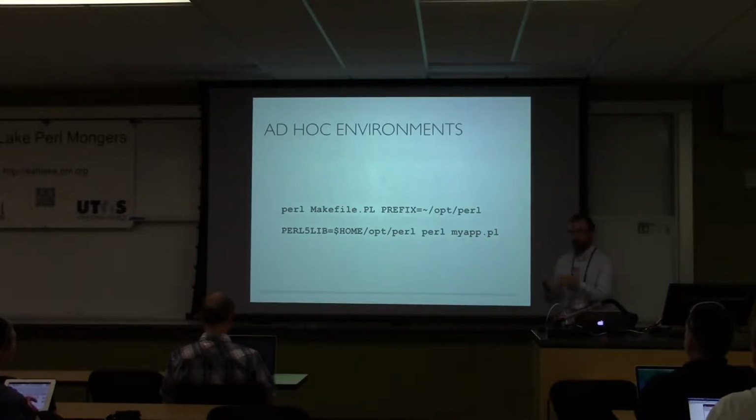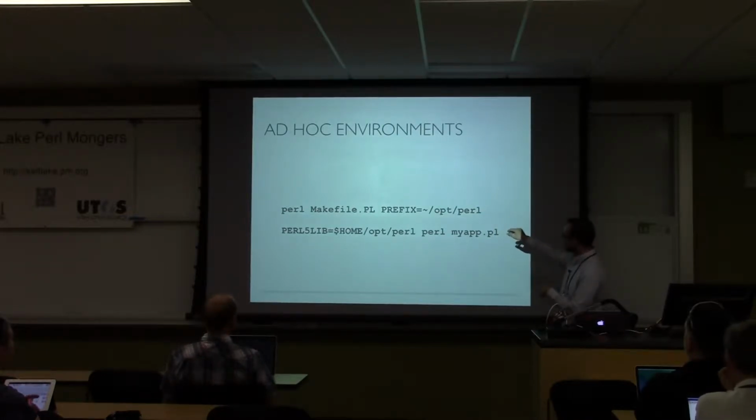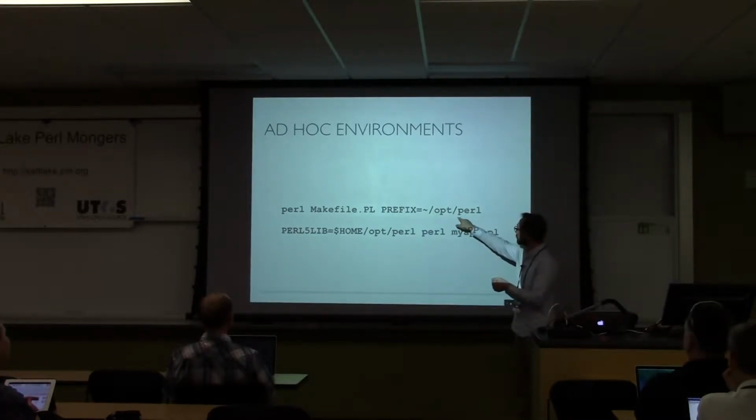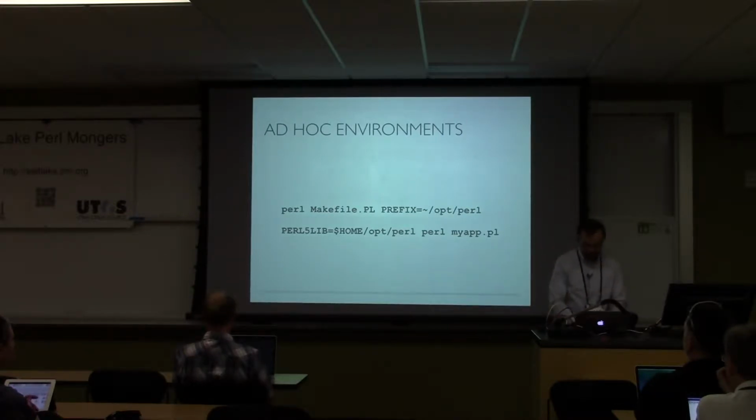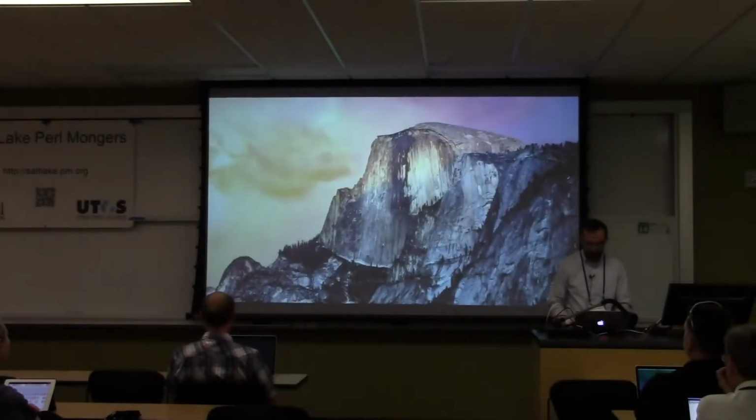These days you would use Build.PL or something else, and set the prefix argument. This tells the makefile to set all of its installation targets to this home directory here, under my home directory. And then I would do the make test, make install. In fact, let's just do this.